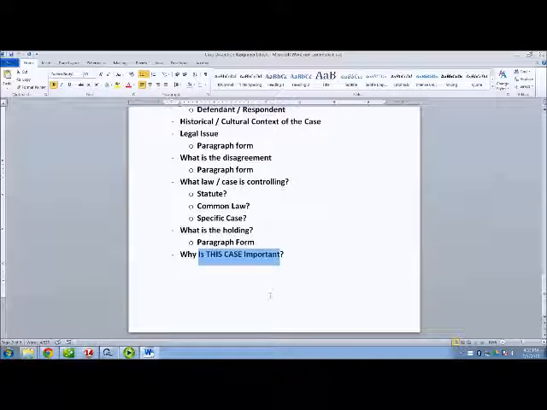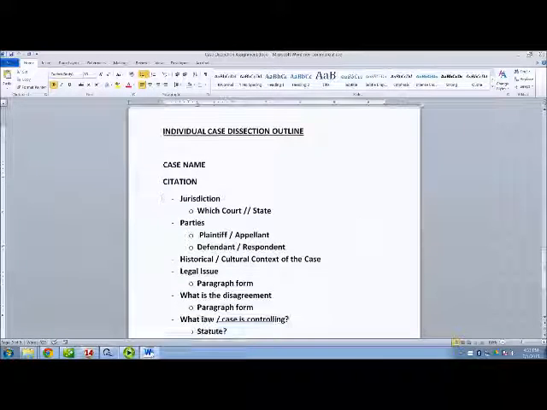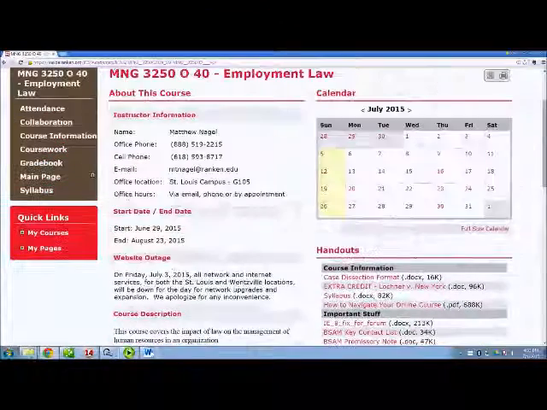You will not post these, you will not upload these to the coursework, you will not email these to me. Once you have completed it, you're going to go into the collaboration tab. Then you're going to go to the forums, and you're going to find the folder with your name on it.